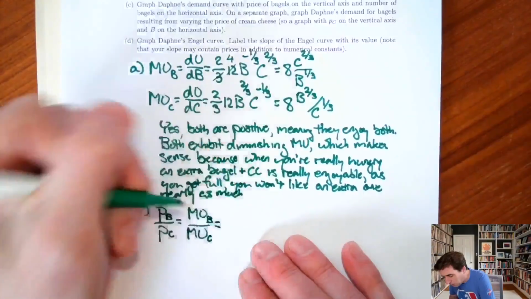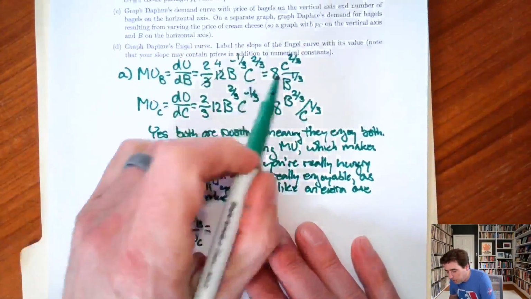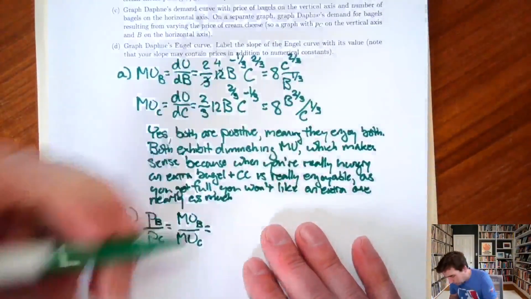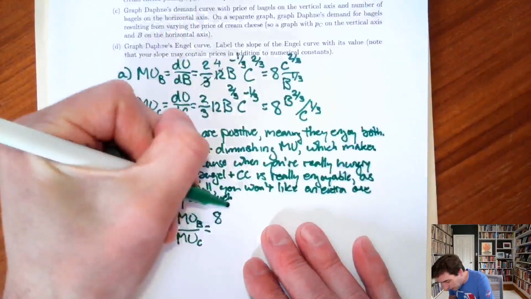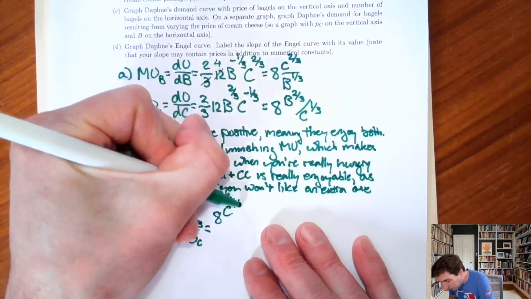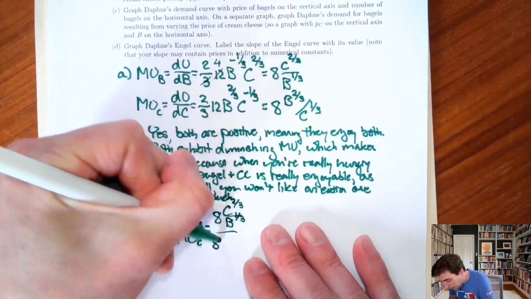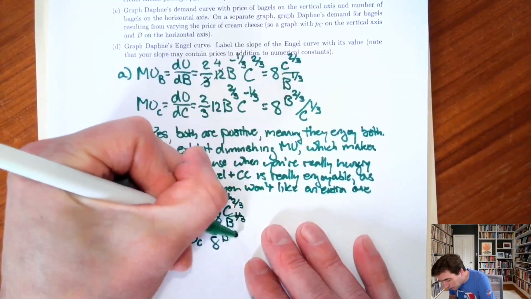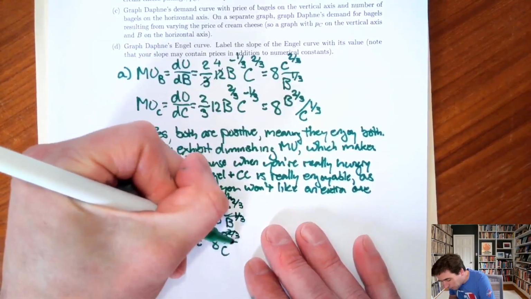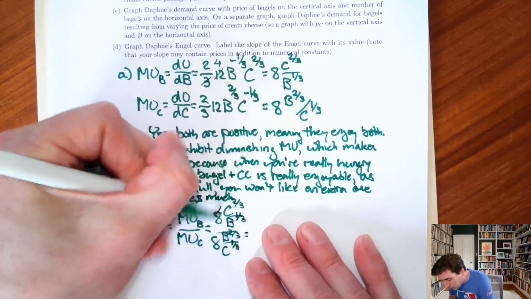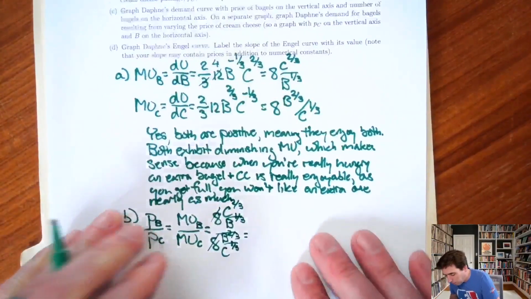So now MUB over MUC, we found expressions for those up here, right? So that's going to be 8 C to the 2/3 over B to the 1/3 divided by 8 B to the 2/3 over C to the 1/3. Those 8s are going to cancel.